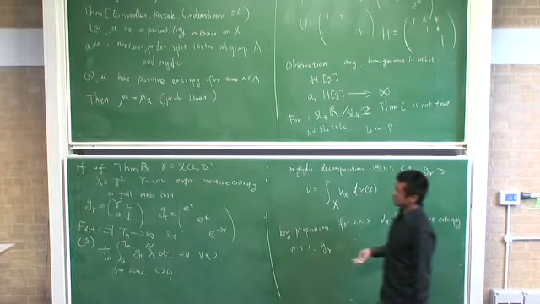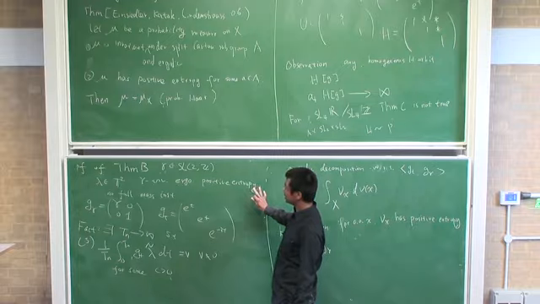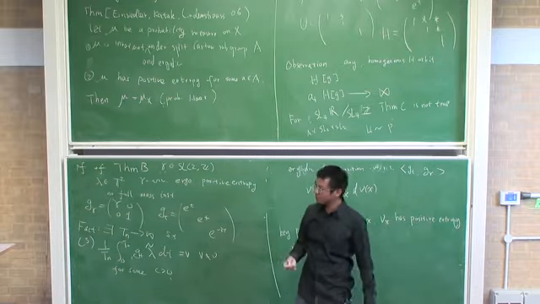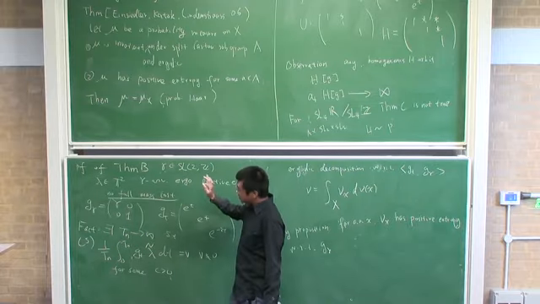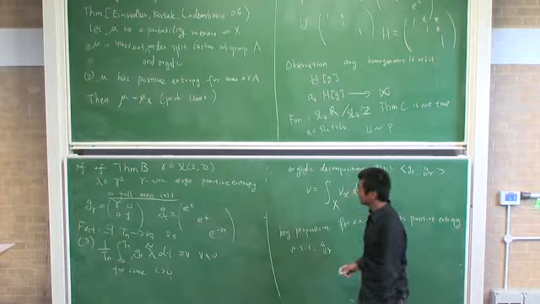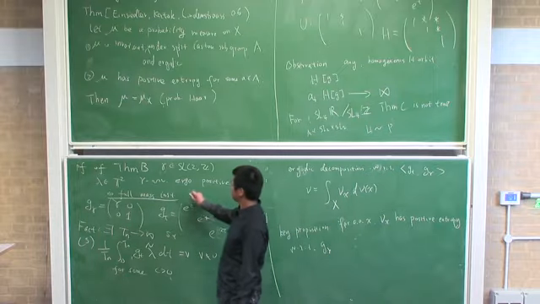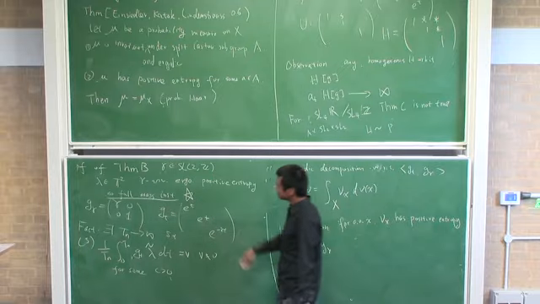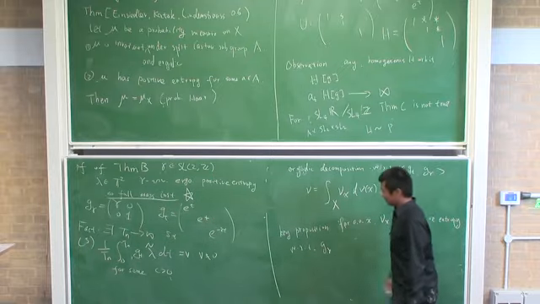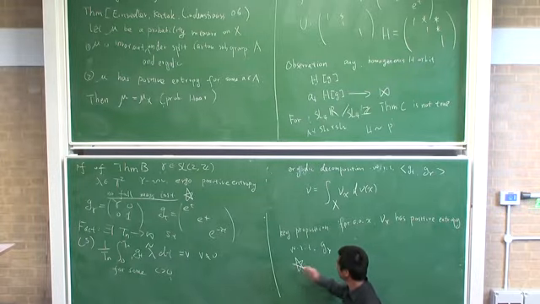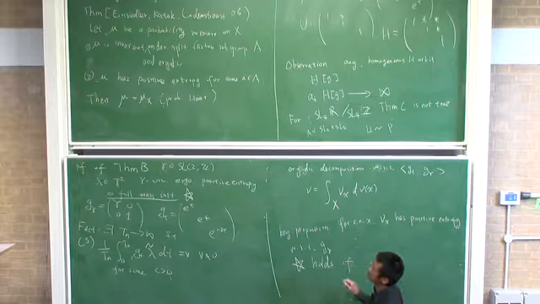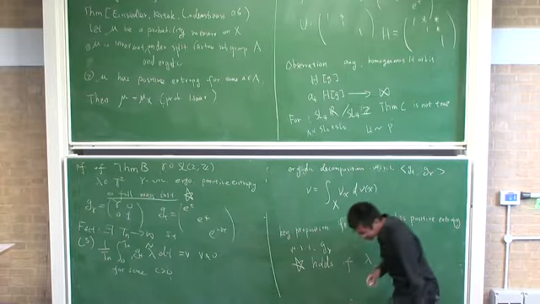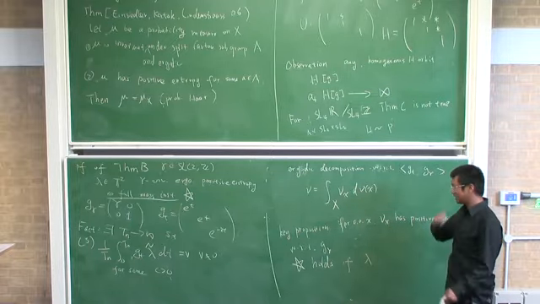Finally, I would like to discuss the condition, which to me is the only abstraction of no full escape of mass. Let me call it star. Star holds if lambda is friendly.